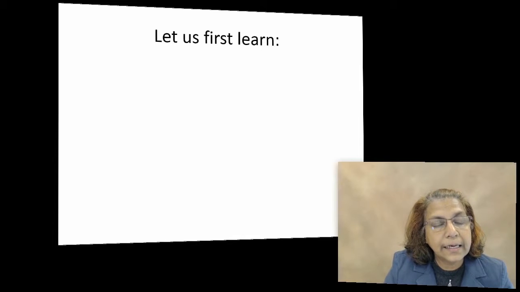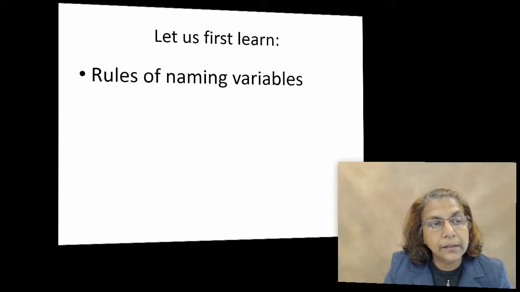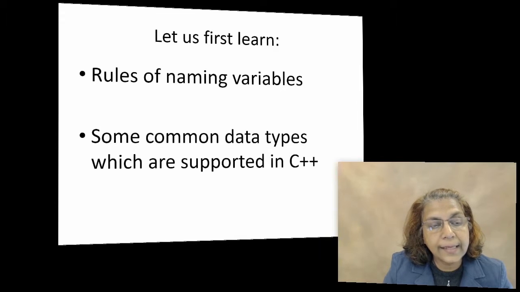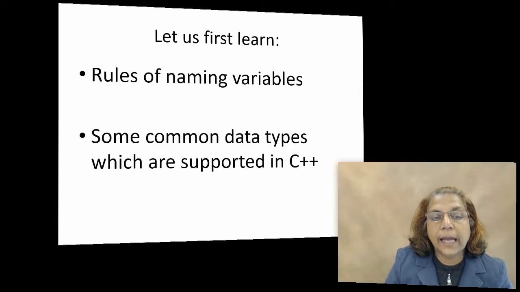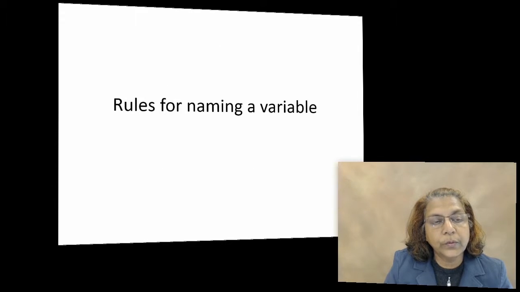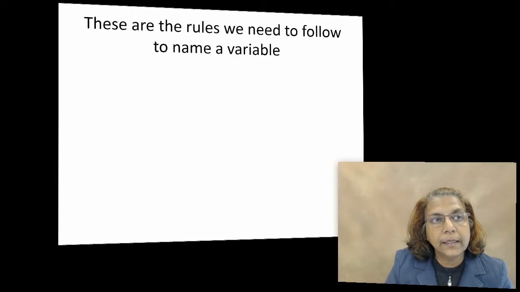But before that, let us first learn the rules of naming variables and some common data types which are supported in C++. This knowledge will help us write the program. So, let's go through rules for naming variables. These are the rules we need to follow.